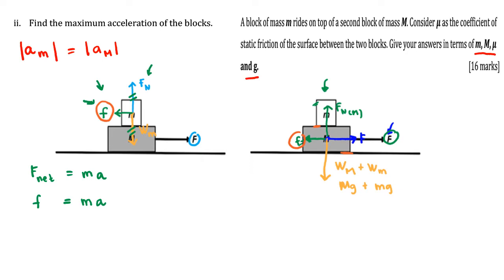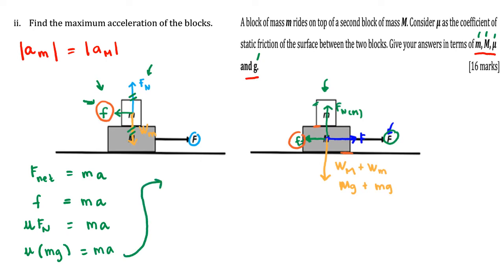Since we are only going to express acceleration in terms of the given symbols, friction here is equal to the coefficient of friction multiplied by the normal force, or Fn, or simply n, and that is equal to m times a. And our normal force is just equal to, in this case, the weight of the smaller block m. So we will say mu mg is equal to ma.